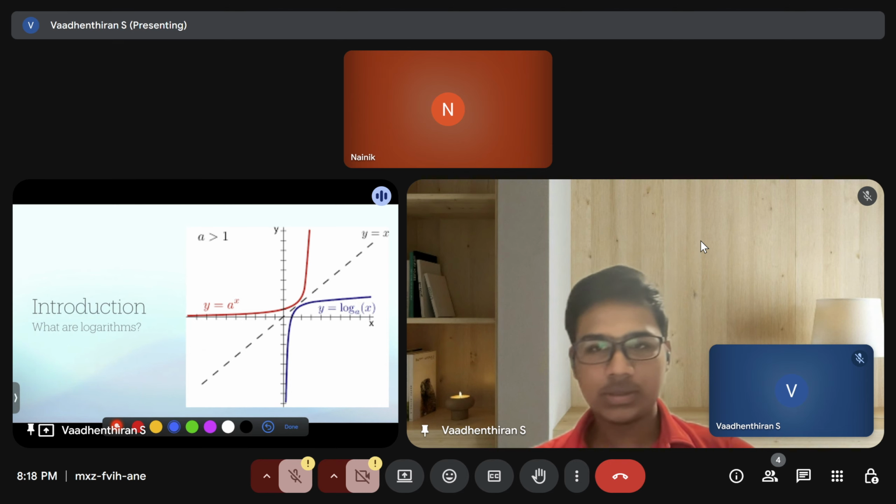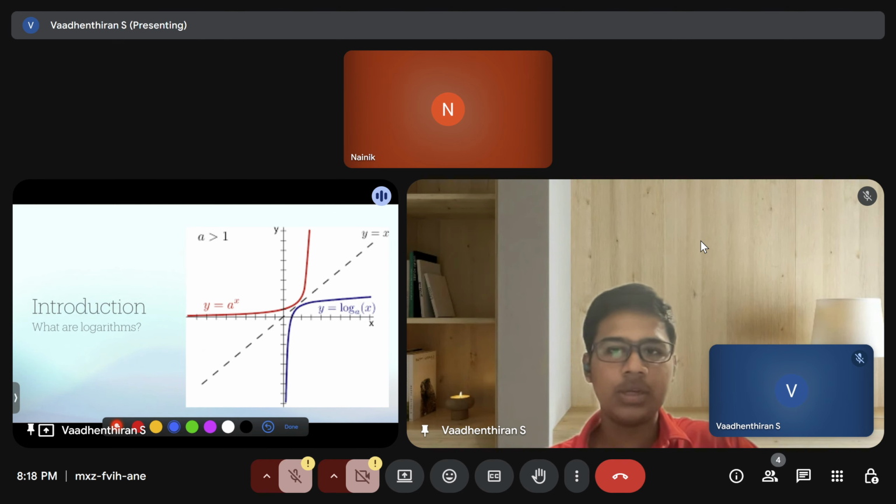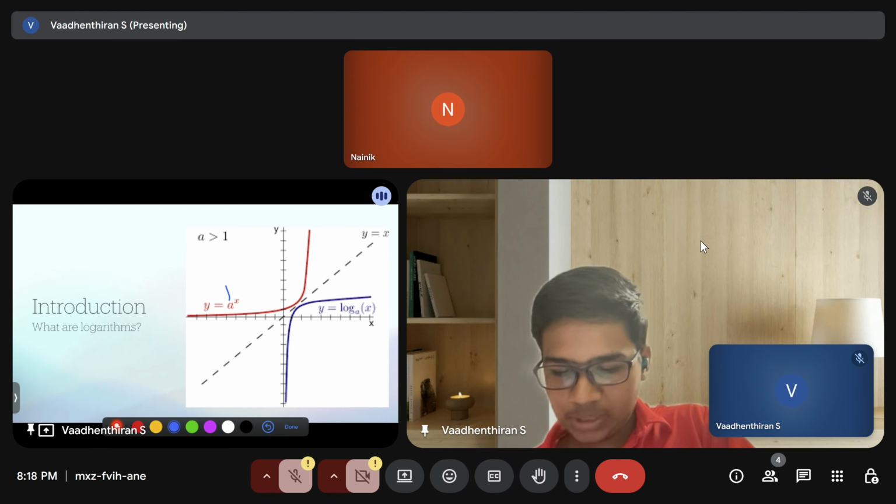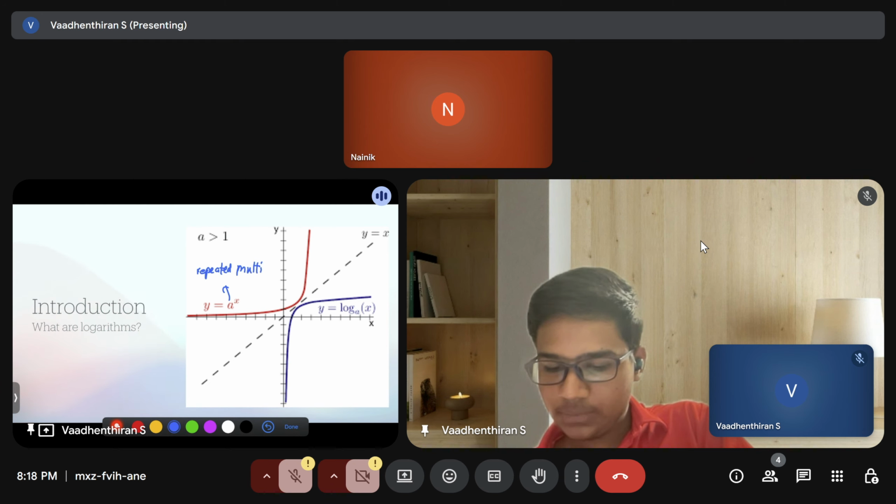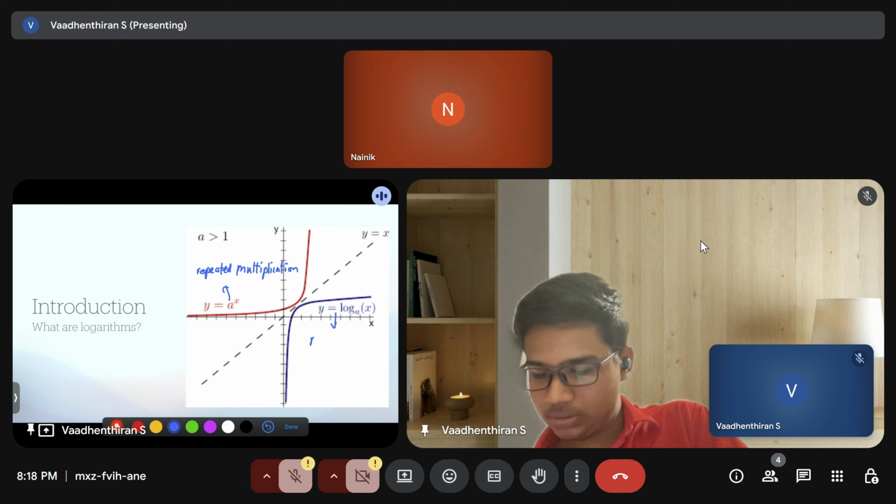Whatever you do with the exponent, you do the other way around. Since exponent means repeated multiplication, logarithm is repeated division.